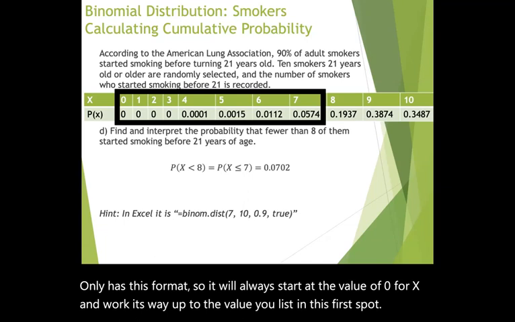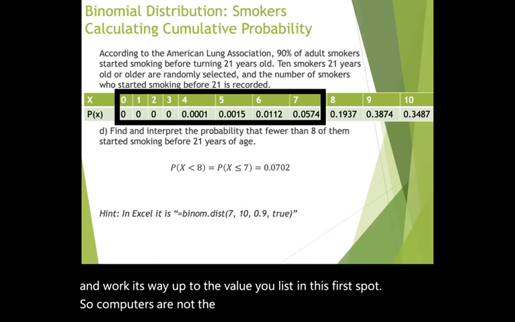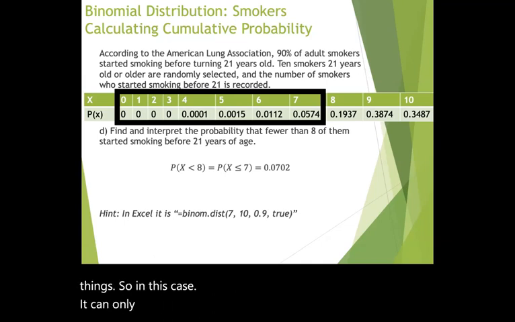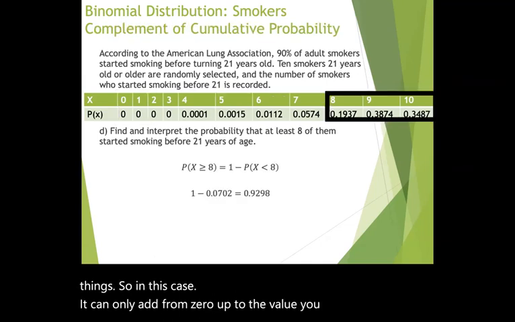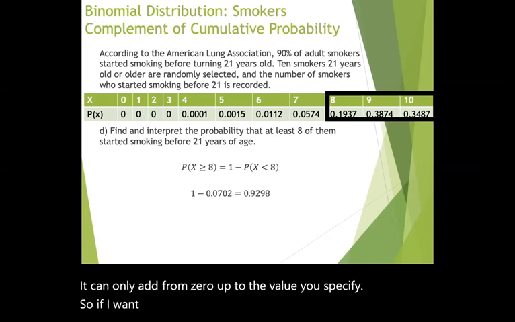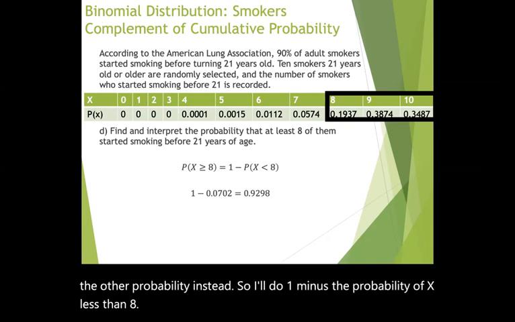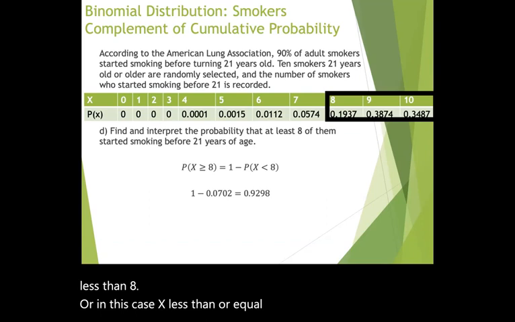So computers are not the brightest. They can only do certain things. So in this case, it can only add from 0 up to the value you specify. So if I want to go from 8 and higher, I have to actually take off all the other probability instead. So I'll do 1 minus the probability of x less than 8. Or in this case, x less than or equal to 7, in order to create the formula for Excel.